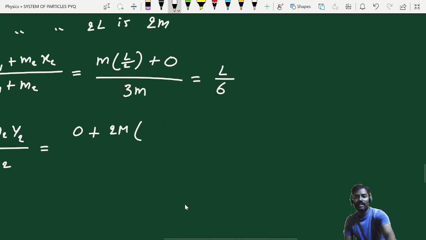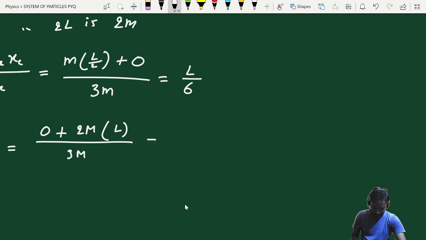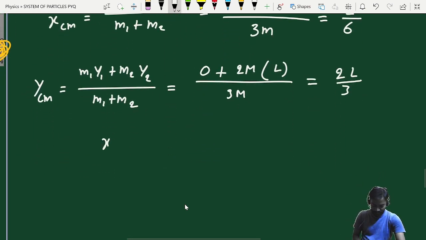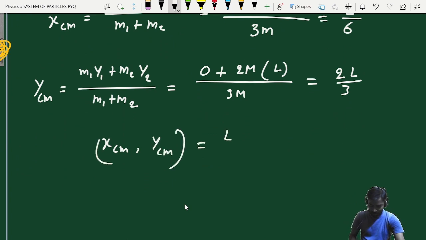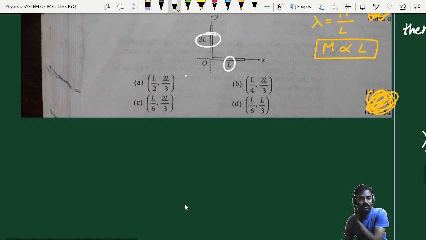So 2L by 2, that will be L, divided by total mass 3m. So m cancels, you will be getting 2L by 3. So the position of center of mass in terms of coordinates xcm comma ycm is L by 6 comma 2L by 3. Right students? So L by 6 comma 2L by 3, here the third option is suitable.